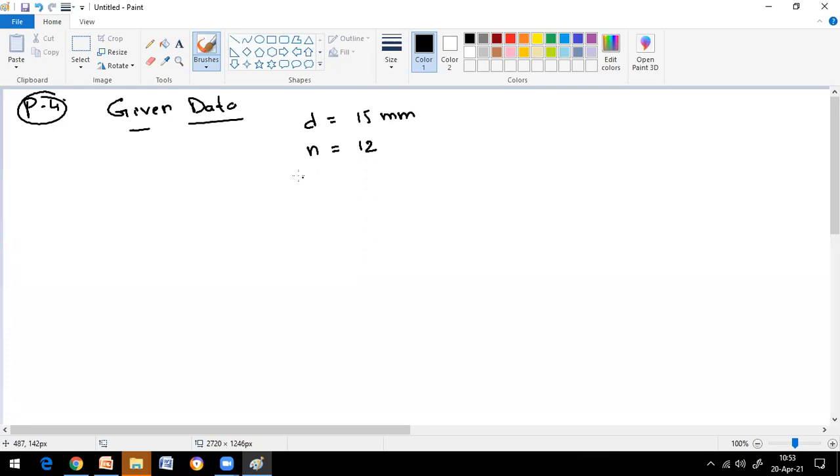And the mean diameter, capital D, is equal to 100, so R is equal to 50.